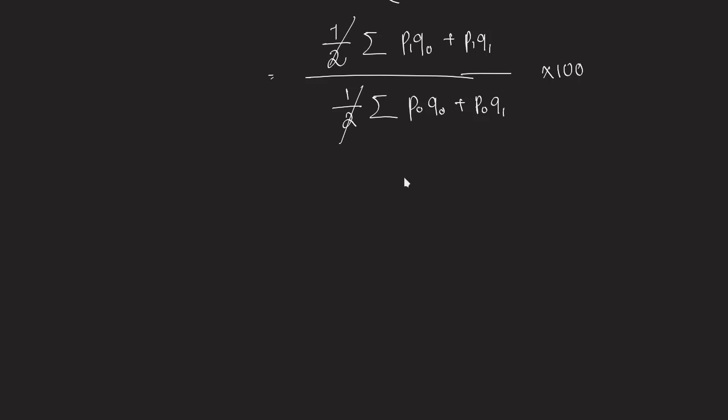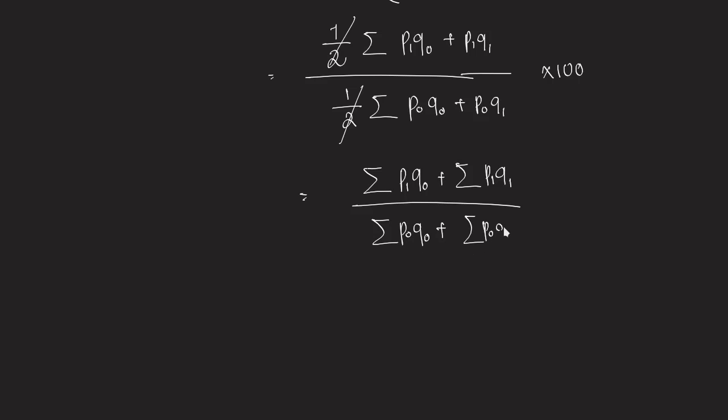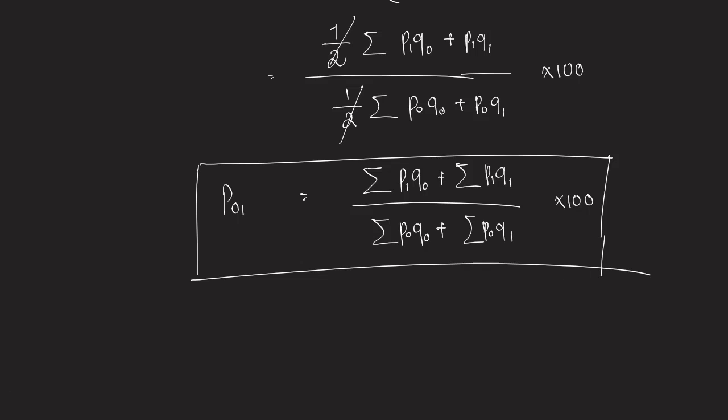So it is written as summation p1 q0 plus summation p1 q1, by summation p0 q0 plus summation p0 q1, into 100. This is the formula for the price index number to compare current price to base period using Marshall Edgeworth.